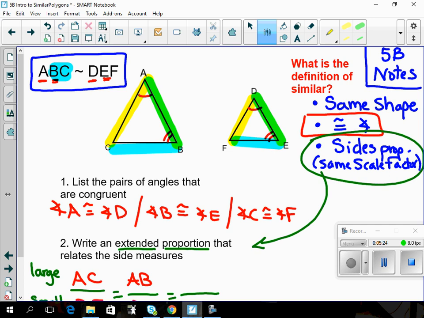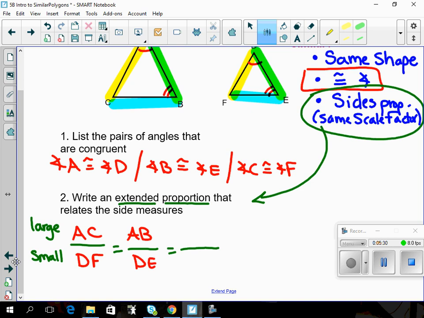Notice that BC and EF are in the similarity statement as well as corresponding, so you can always rely on that as well. So BC and EF. The sides are proportional. We can write them as an extended proportion. Any questions so far?